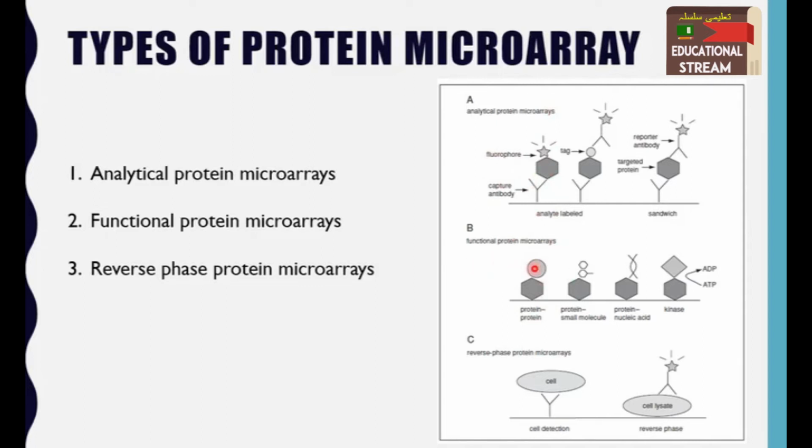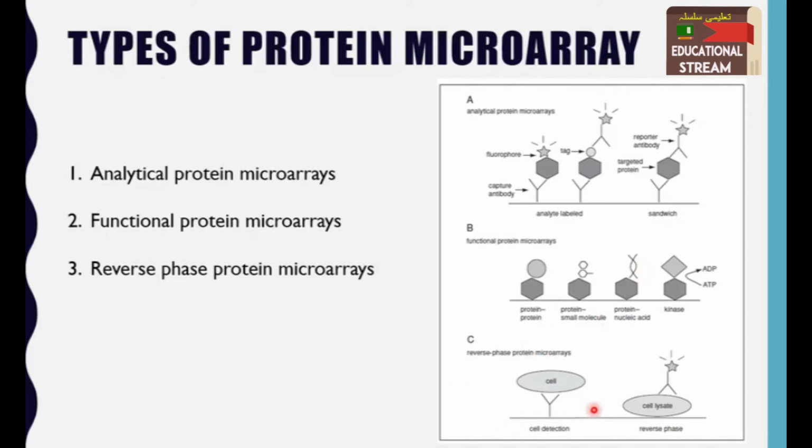In the functional microarray, we support all the proteins which are encoded by an organism and therefore they are useful for characterization of protein function such as protein-protein binding, biochemical activity, enzyme substrate relationship and the immune responses.